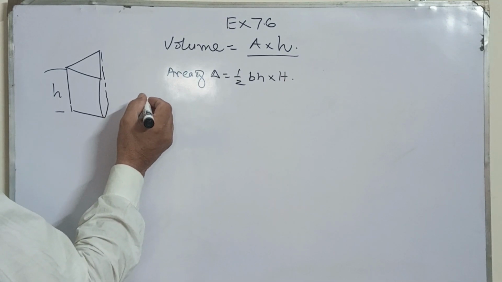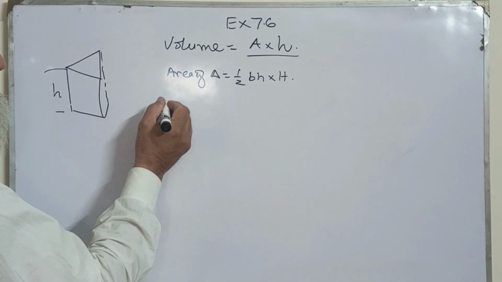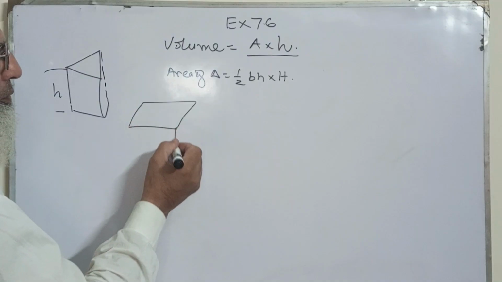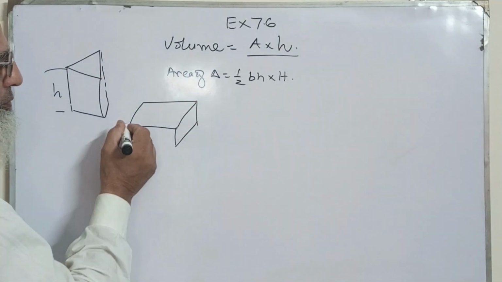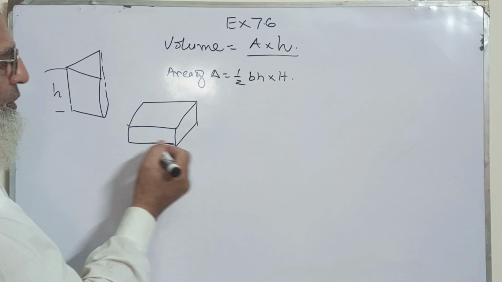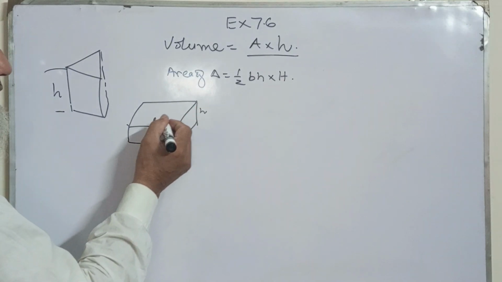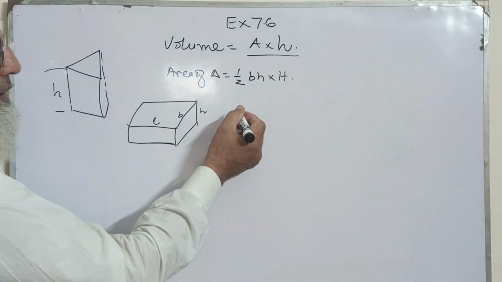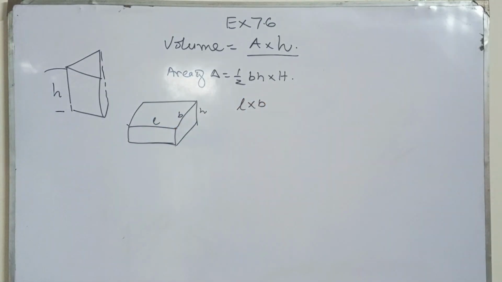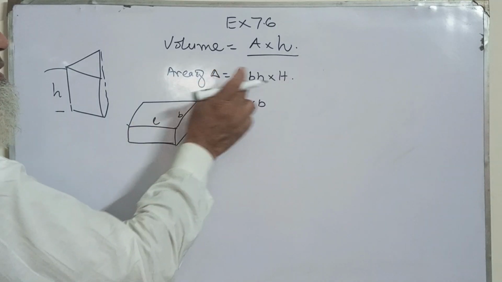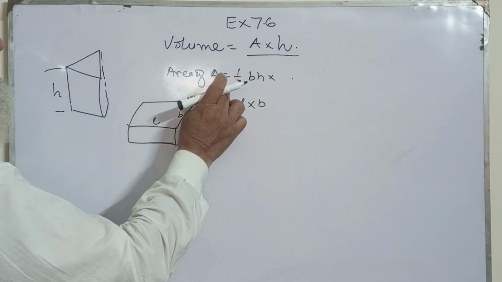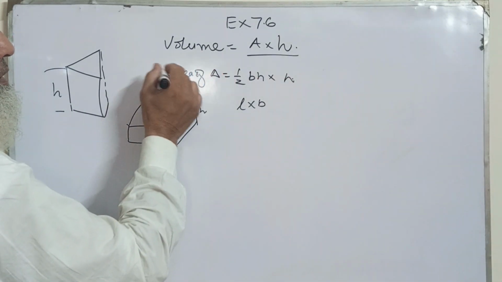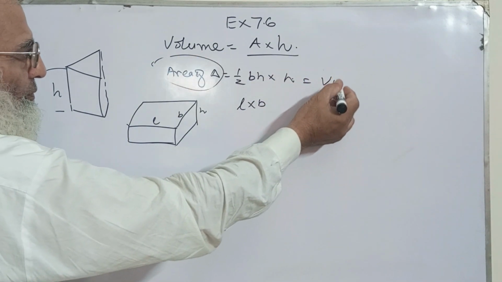Similarly for the cuboid, this is the height, this is L, and this is B. So you see that the area is L into B, and when you multiply it with H, it will become volume.